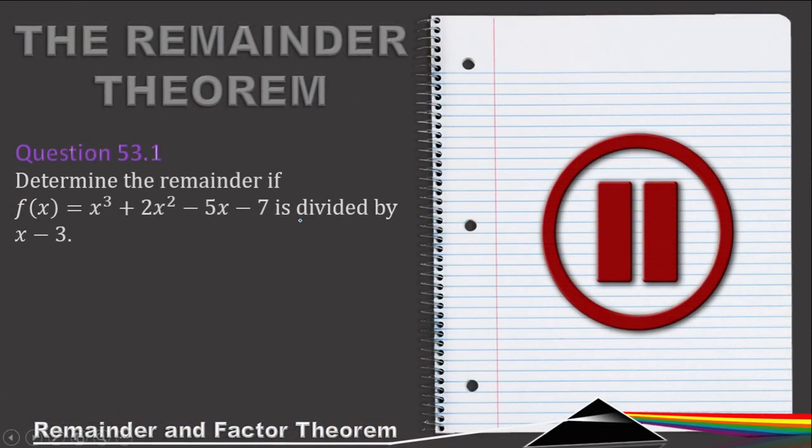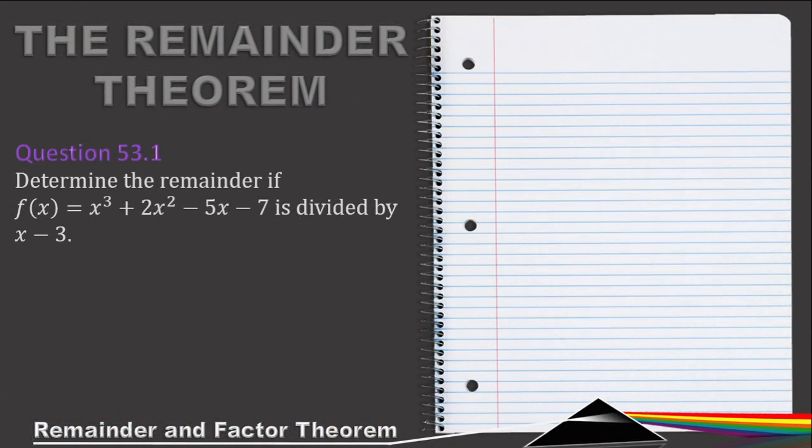In this one, determine the remainder if f(x) is divided by x minus 3. All I'm going to do is take f(x), which is x to the power 3 plus 2x squared minus 5x minus 7.